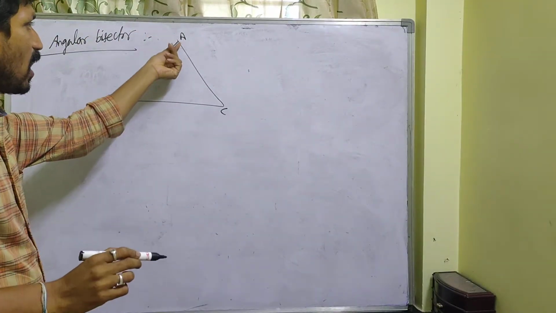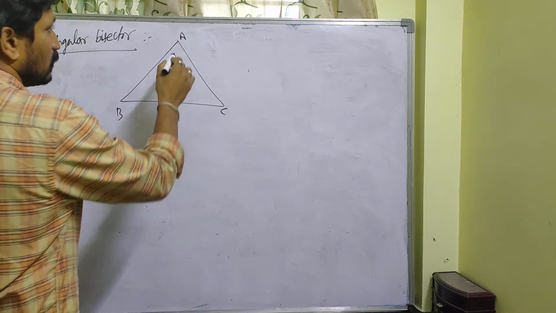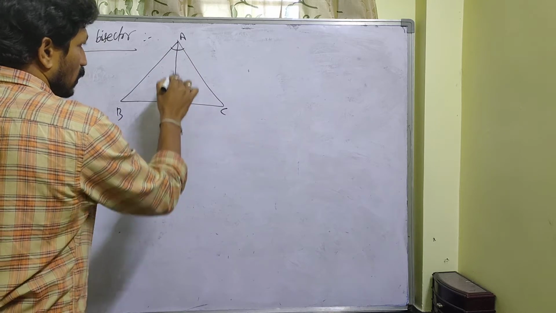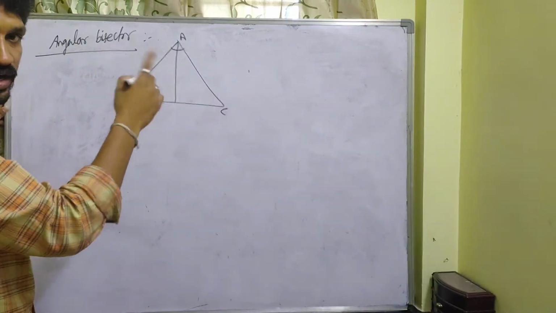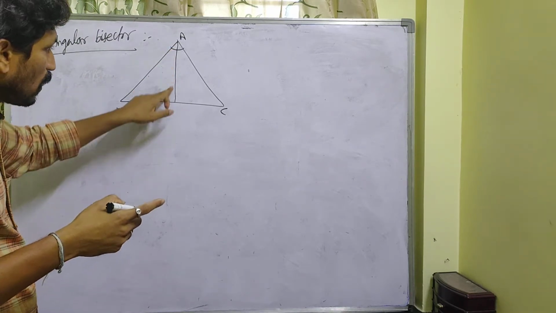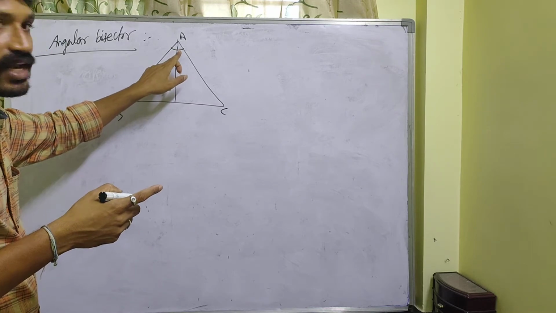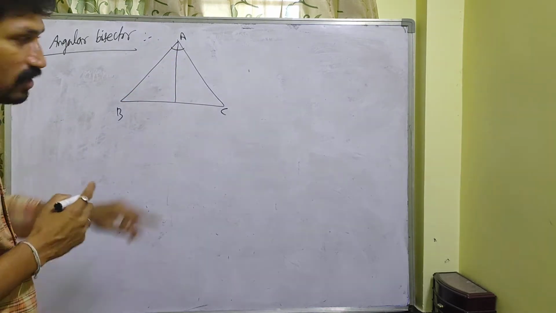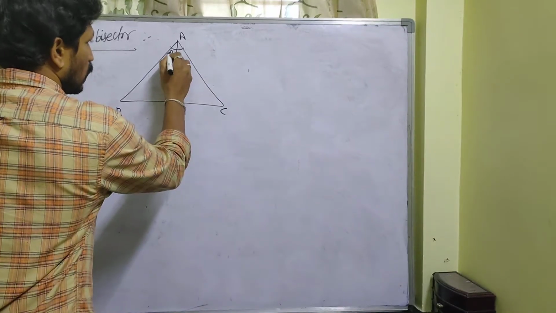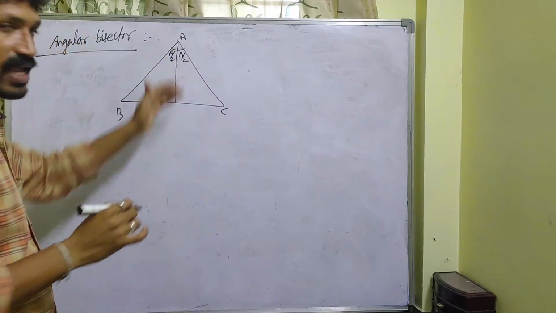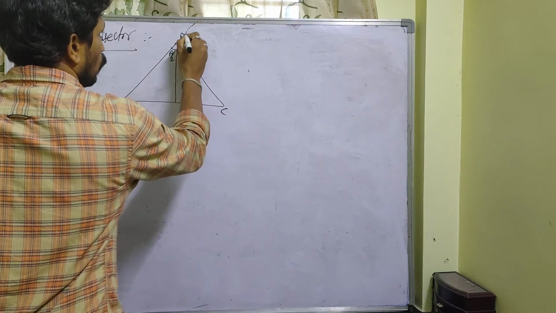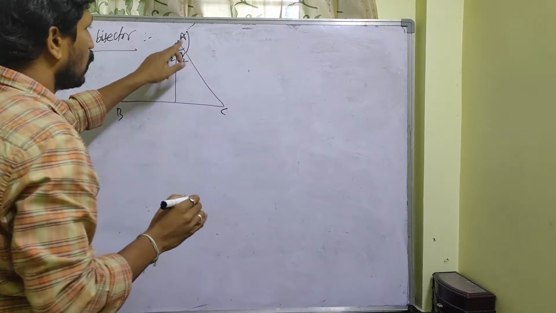The angular bisector is the line segment that divides angle A into two equal parts, A by 2 and A by 2. This is the angular bisector. If you extend this, you have at A one more angle.